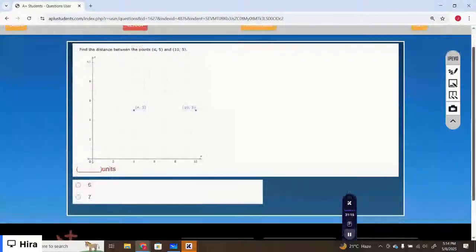Find the distance between the points 4, 5 and 10, 5.